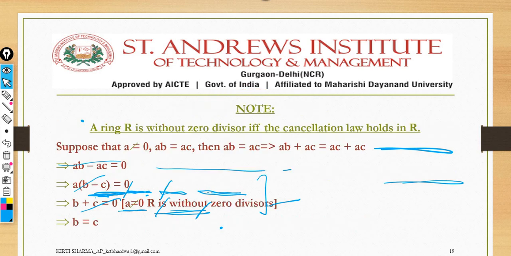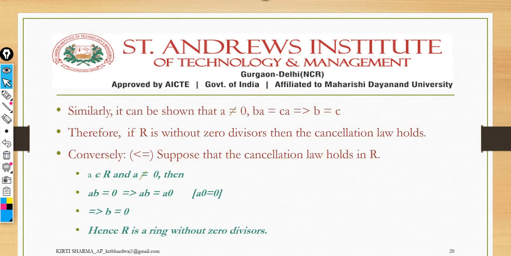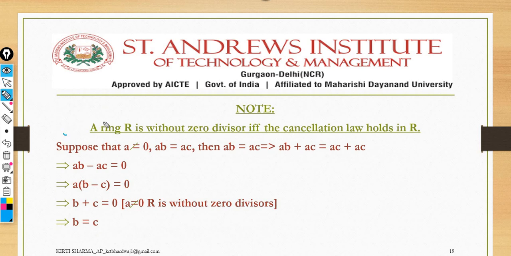There is a proof for this. It is a theorem that you can prove: a ring R is without zero divisor if and only if the cancellation law holds in R. It's a proof for the previous statement that I've already told you. You cannot directly cancel from the left-hand side to the right-hand side.